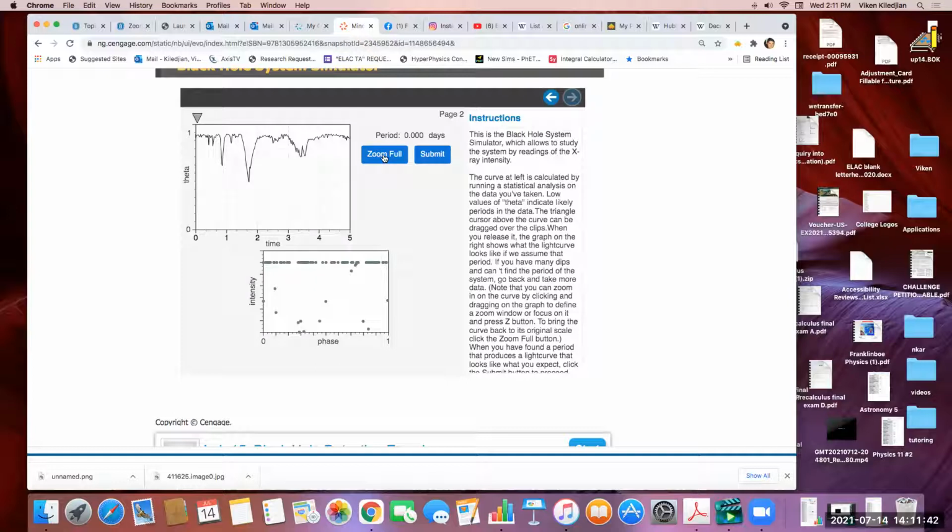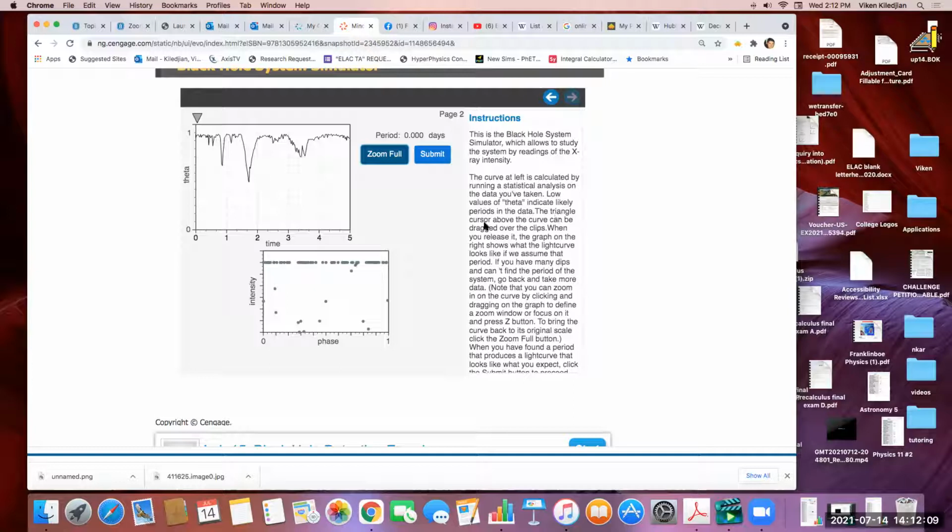So zoom full. What does that do? Zoom full, submit, intensity. Okay, so here you're seeing each one is showing something different. The curve at left is calculated by running a statistical analysis on the data you've taken. Low values of theta indicate likely periods in the data.